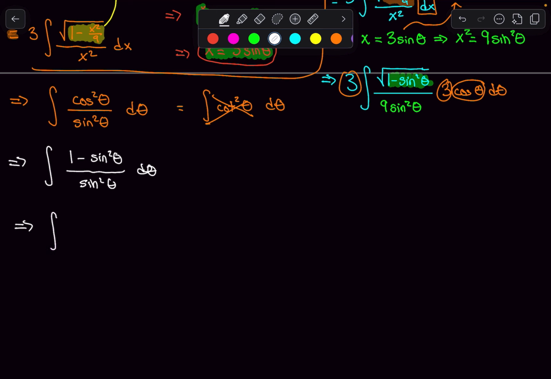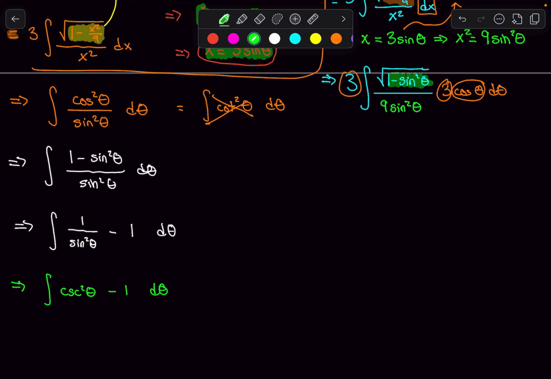into two integrals. I have 1 over sine squared theta minus 1 d theta. Well, let's see here. 1 over sine squared theta, the reciprocal of sine squared theta is going to be cosecant squared theta, then minus 1 d theta.